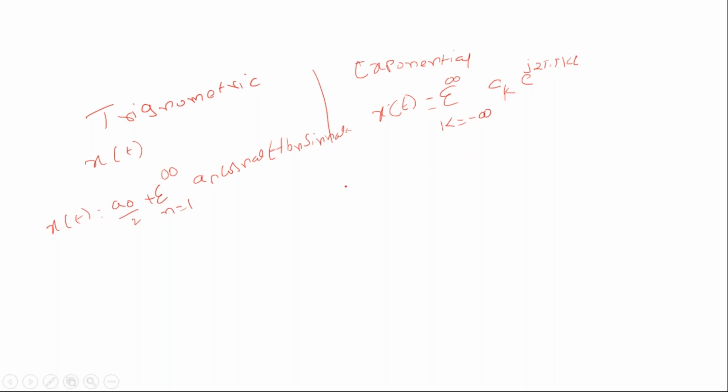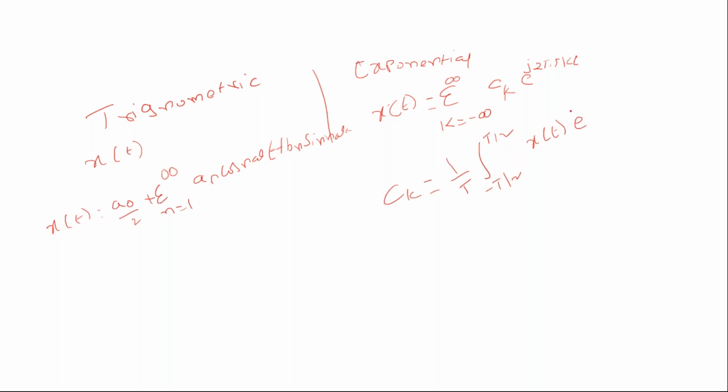So this is the exponential Fourier series, and you can find ck, which is nothing but 1 by T integral minus T by 2 to T by 2 x of t e power minus j omega kt dt. This is the exponential Fourier series.